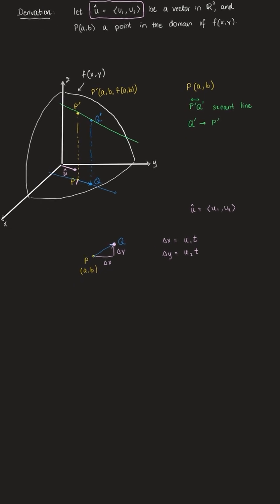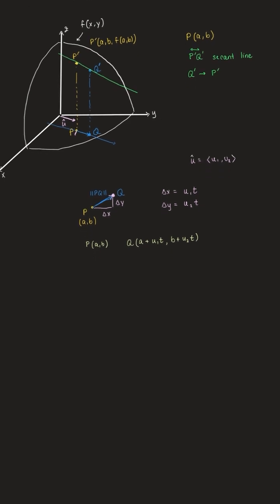Now, what we really want to do is let Q prime approach P prime, and that means we want this distance PQ, the magnitude of PQ, to get as small as possible. So let's start trying to derive this directional derivative. We know now that our point P has coordinates A, B, and our point Q will have coordinates A plus u sub 1 t, B plus u sub 2 t.